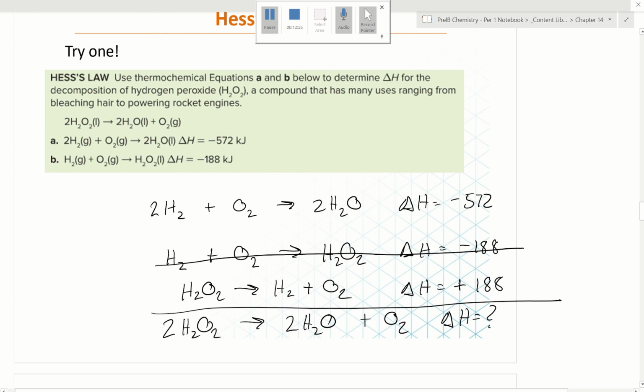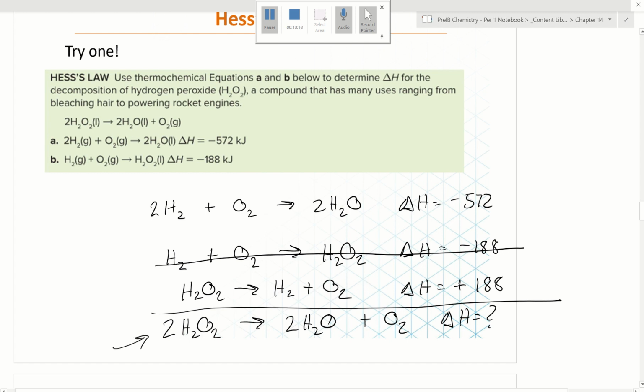And then I'm going to cross out that reaction. Now I'm going to look at my H2O and my O2. H2O is a product and H2O is a product here, so I'm good. O2 is a product and O2 is a product here, so I'm good.